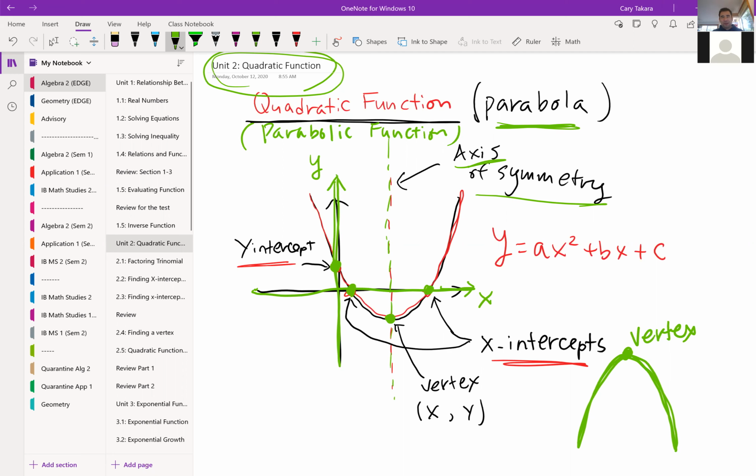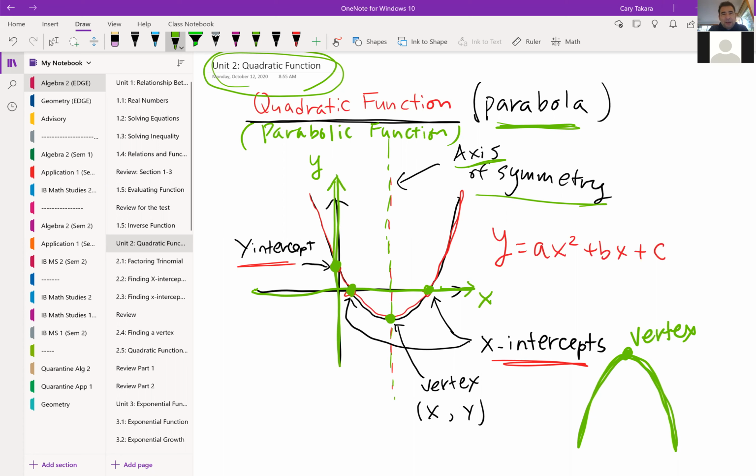Okay. Has anybody watered the garden with a hose? The water that comes out of the hose creates a U shape, right? Upside down. That's a parabola. If a grasshopper jumps, that's a parabola.